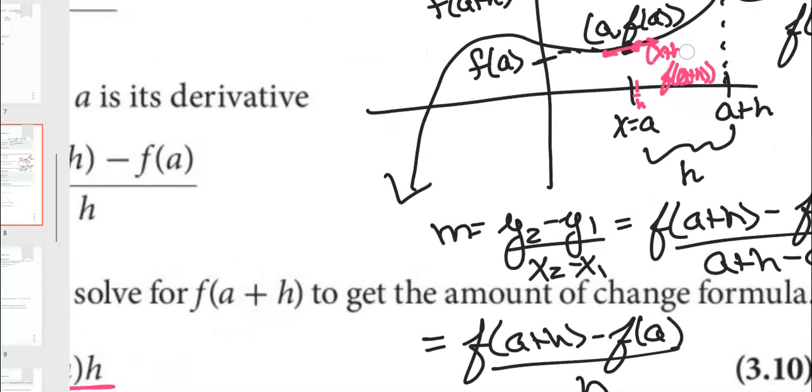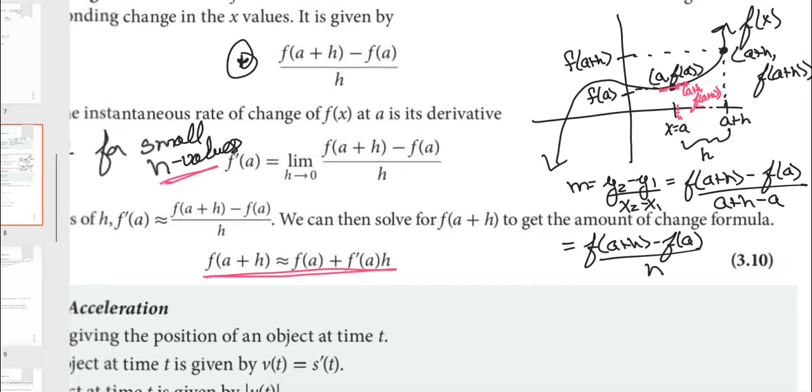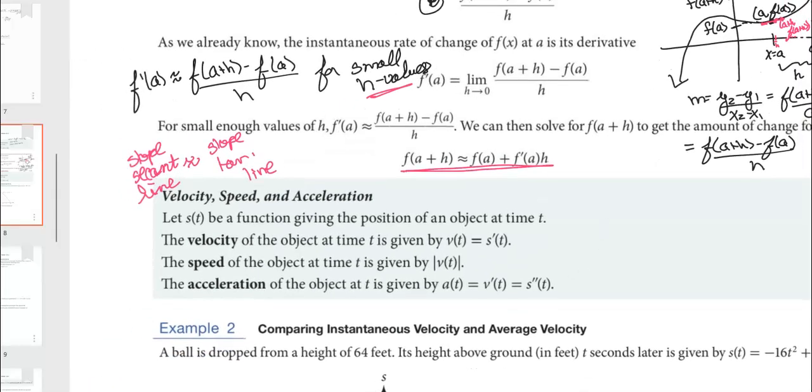There we go. So we could figure out what that y value would be based on what we know about the approximate slope between those 2 points. And that's what this is telling us.